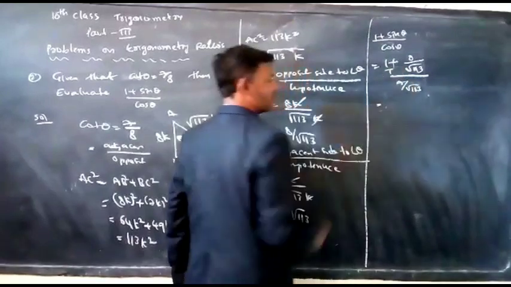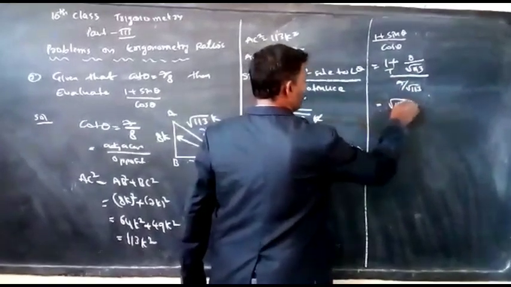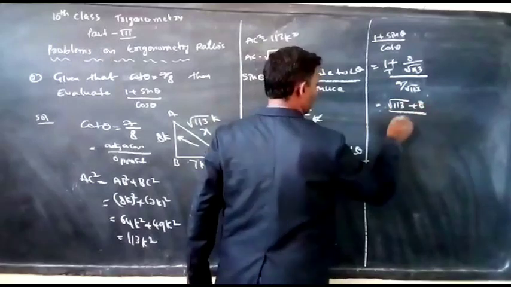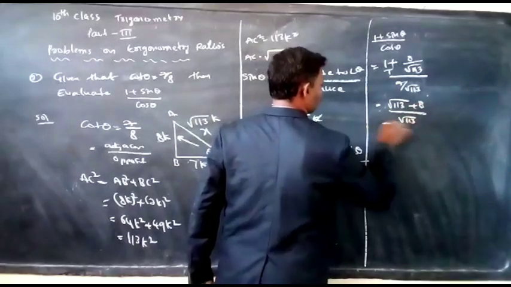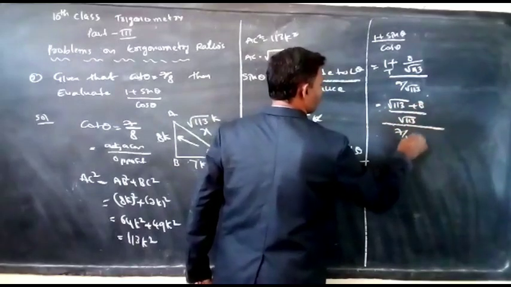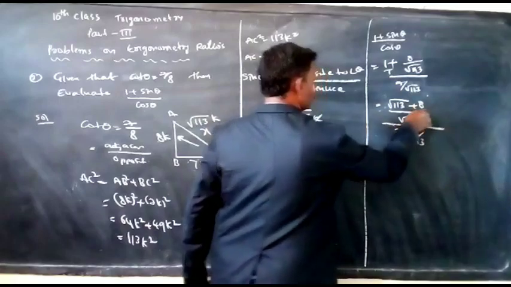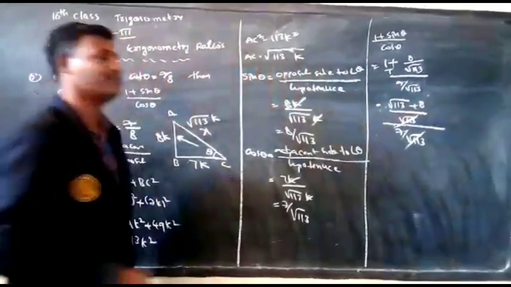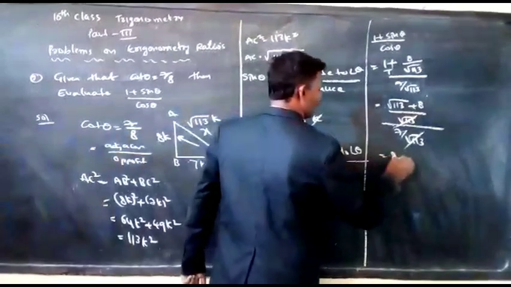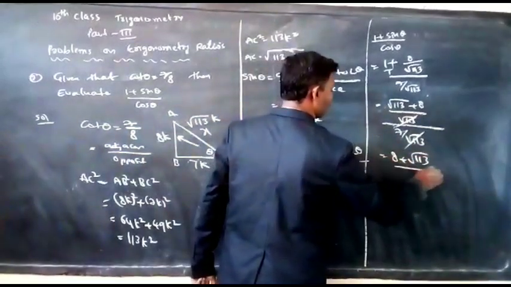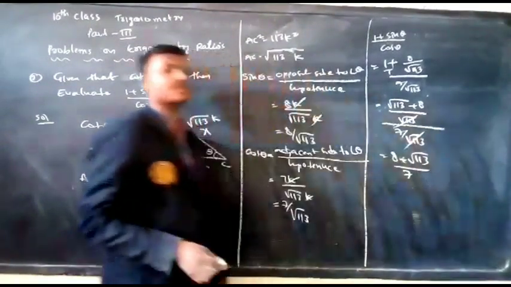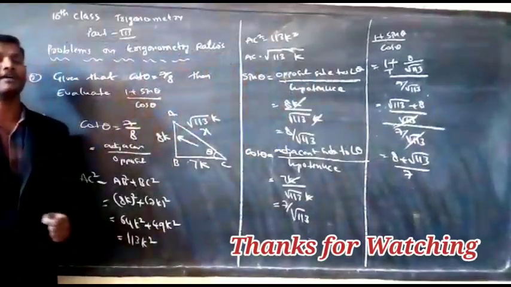After taking the LCM, we can write root 113 plus 8 by root 113, divided by 7 by root 113. Root 113 gets cancelled. What is the answer here? 8 plus root 113 by 7. So this is the answer of 1 plus sin theta by cos theta.